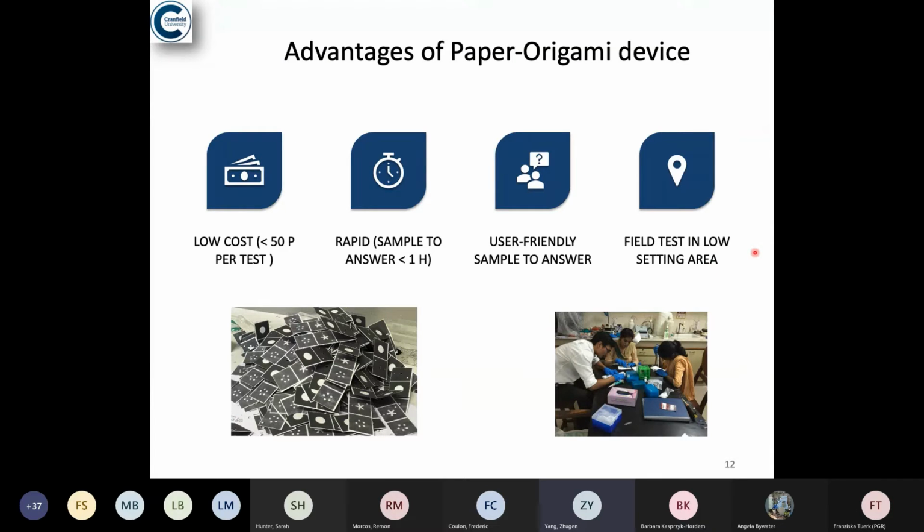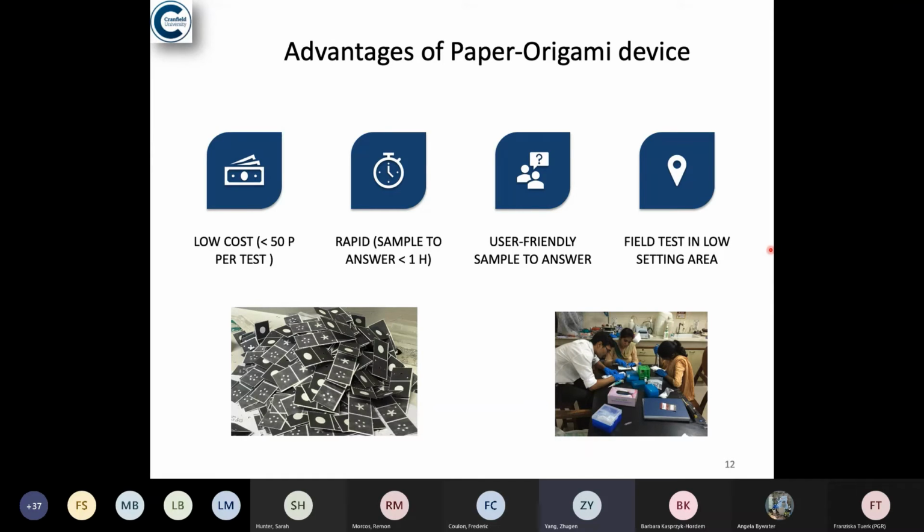To give a quick summary, we demonstrated a really low-cost paper origami device. We roughly evaluated the cost to be maybe less than £1, and the sensor itself can achieve rapid response and data collection, so the whole assay can be less than 1 hour.